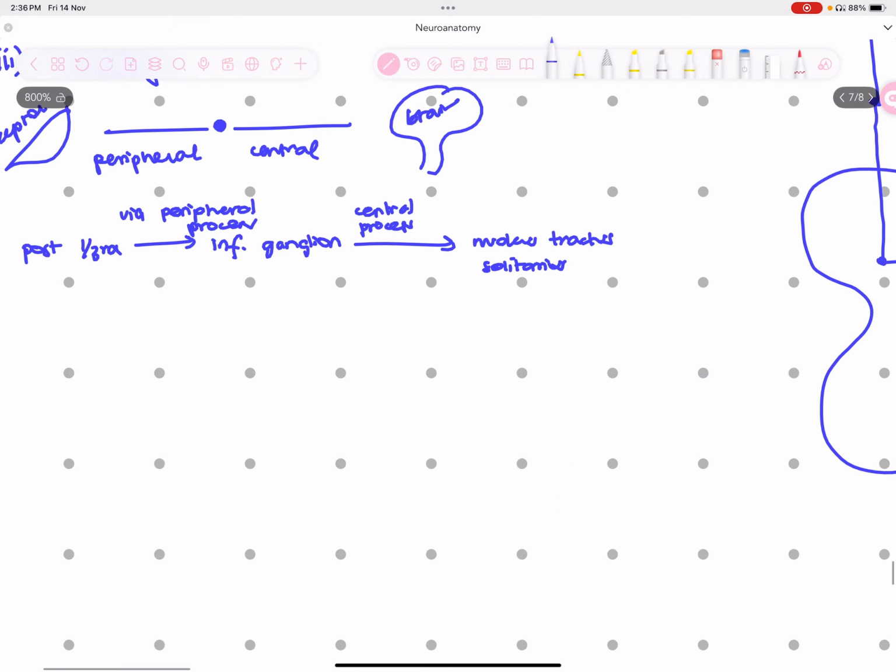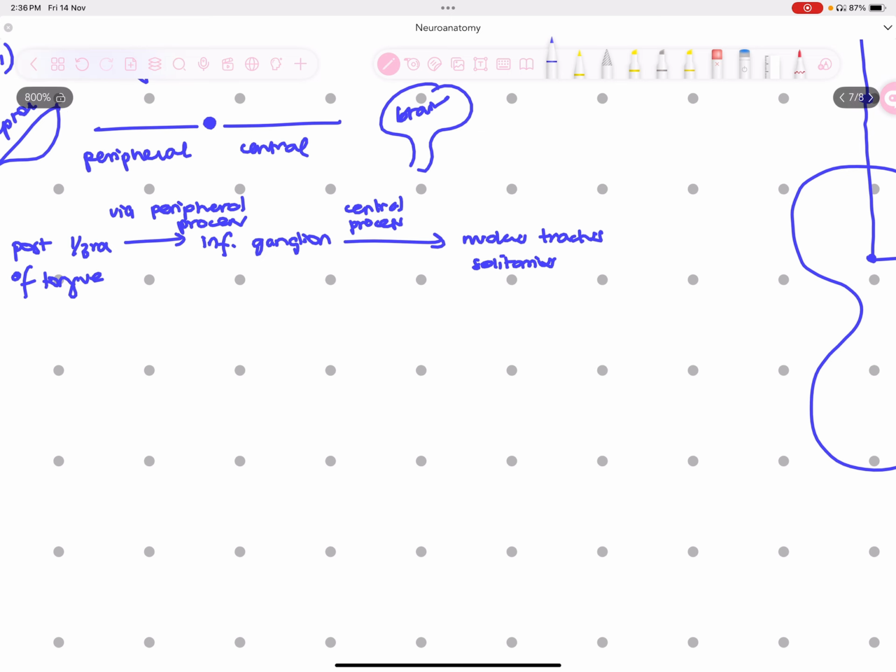So from the posterior one third of the tongue, where the peripheral process is, the peripheral process is going to go to the inferior ganglion, and the central process is going to go to the nucleus of tractus solitarius. Then from the nucleus of tractus solitarius, the efferent fibers are going to do what?